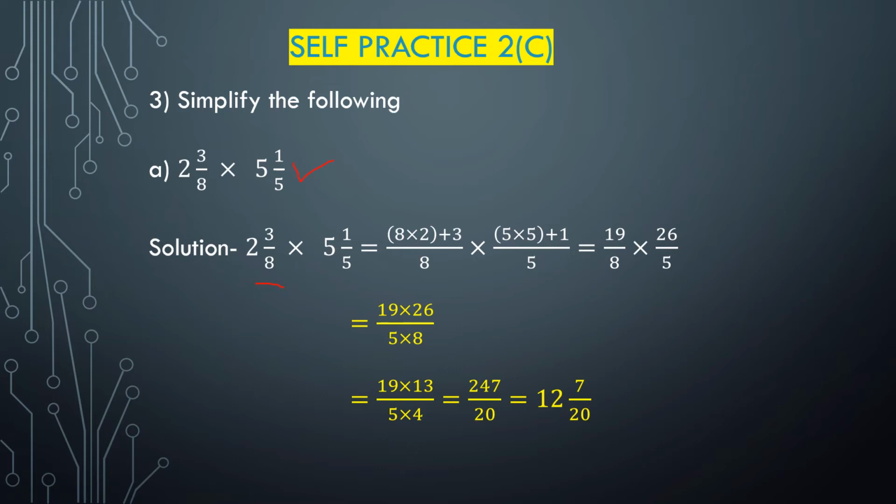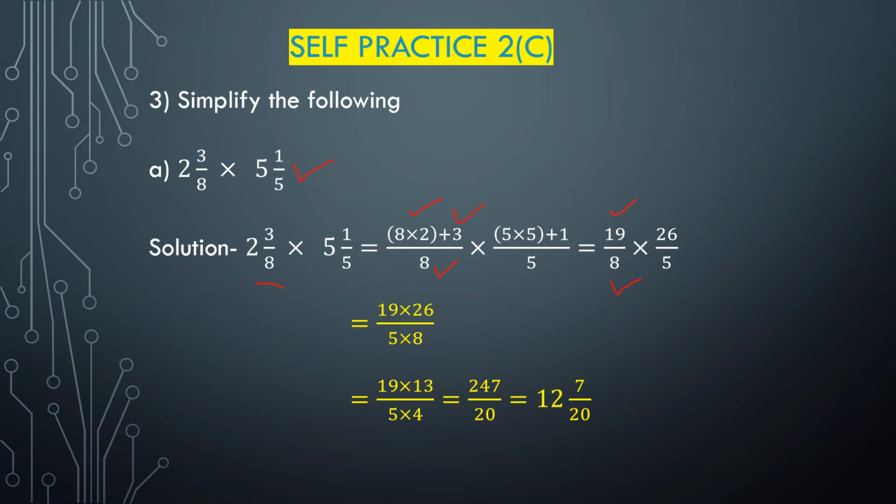Multiplying the denominator 8 with the whole number, 8 multiplied with 2 plus the numerator 3, divided by the denominator, which is 8. So 8 multiplied with 2 plus 3 is 19, 19/8.